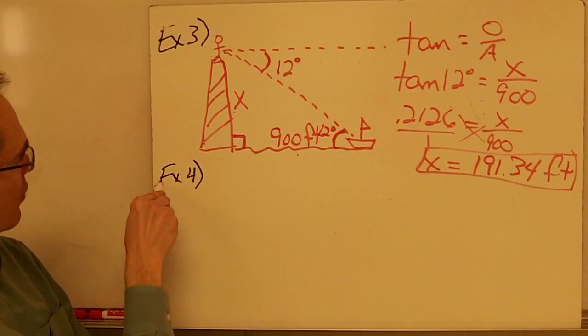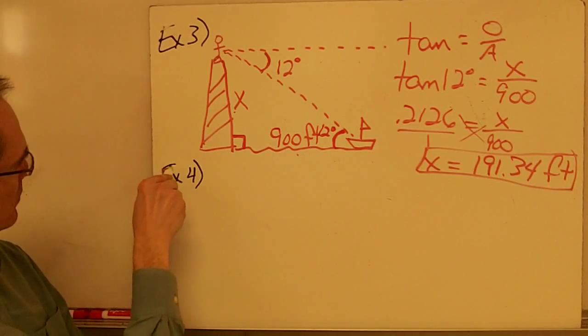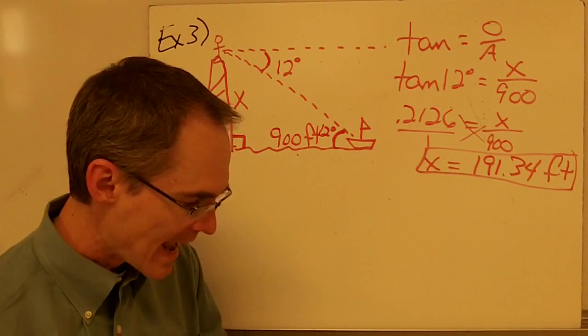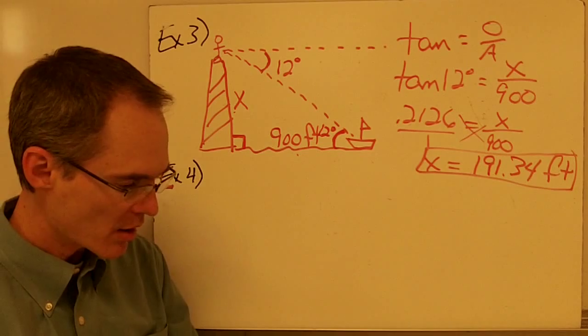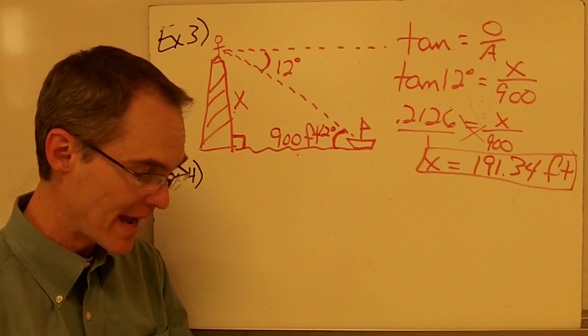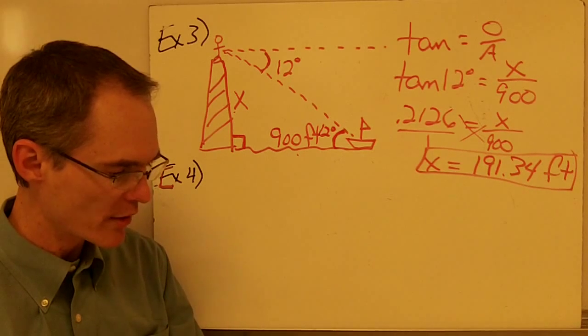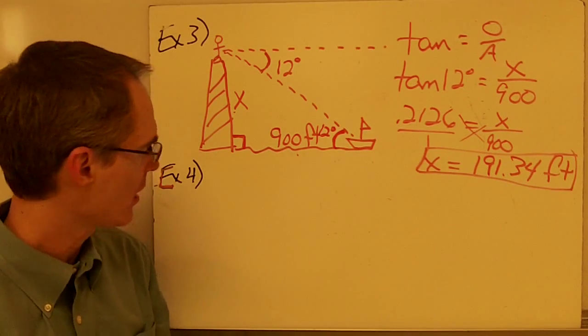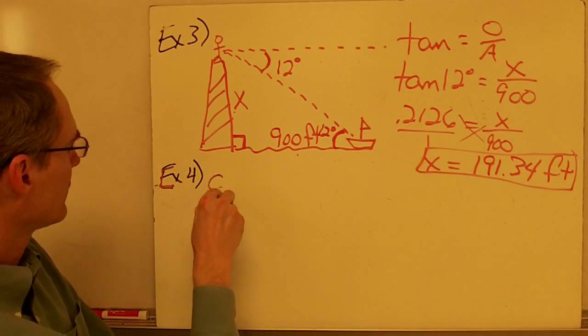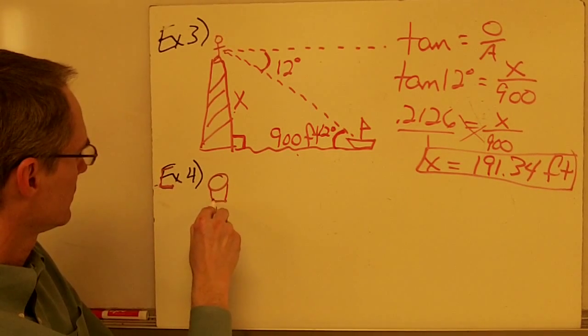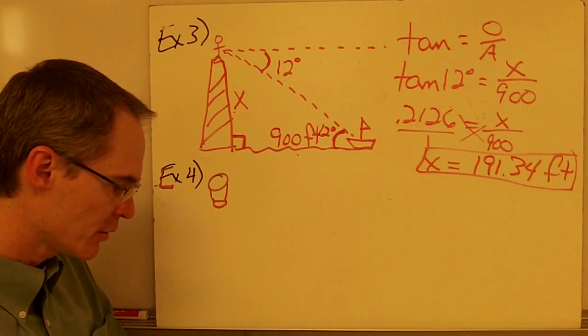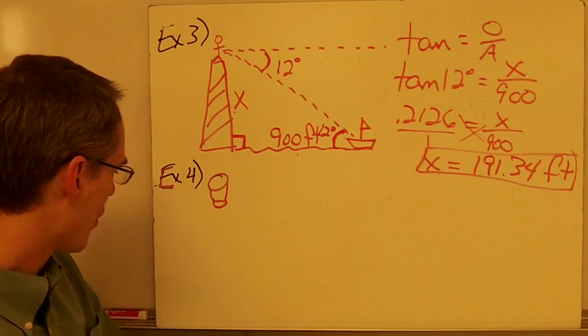All right, example number 4. The angle of depression of a car from a hot air balloon basket is 40 degrees. The balloon is directly over a water tower that is 5 kilometers from the car. Okay, so let's see. I've got a hot air balloon. My hot air balloon is directly over a water tower.